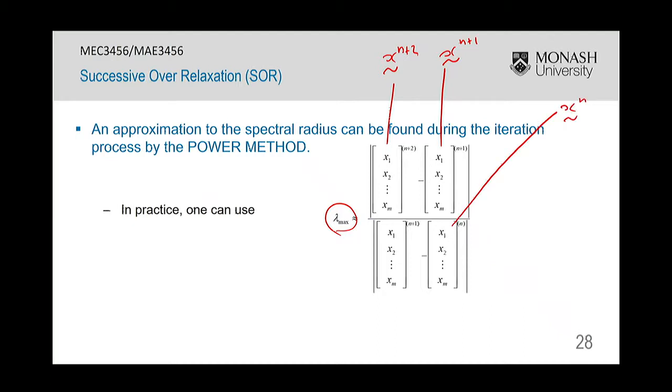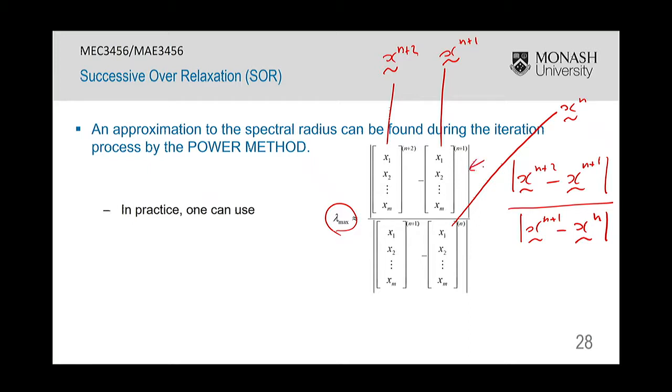So we need 3 different iterations to be able to use it. We calculate xn plus 2, subtract xn plus 1, and look at the magnitude of this. It's a vector, so we can figure out what the size is. Then we divide it by the magnitude of xn plus 1 minus xn. These are just 2 numbers, and it gives us an estimate for the spectral radius.